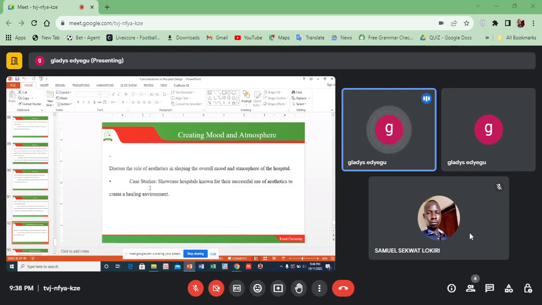In the case of any hospital that you know, we can take it as a case study. We have visited very many different hospitals, some for our own illnesses, and we have seen how these hospitals are.